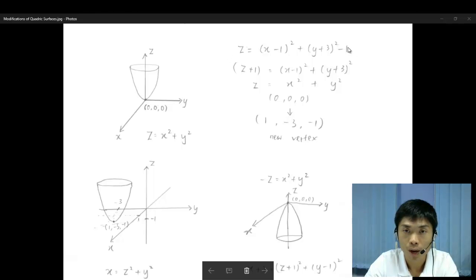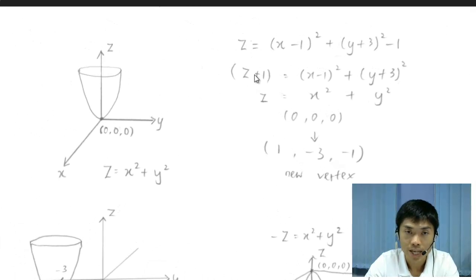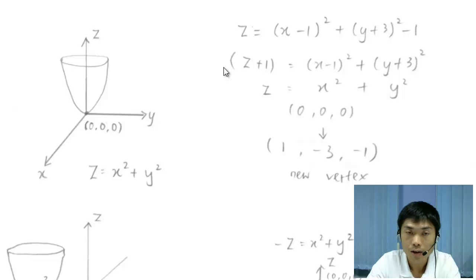You move the negative 1 to the other side, so you end up with z plus 1 equals x minus 1 square plus y plus 3 square, which resembles the standard equation for an elliptic paraboloid. Remember, the vertex for the original elliptic paraboloid is 0, 0, 0. Now, since this equation shows that the elliptic paraboloid has been shifted to another position, how are we going to find the new vertex?